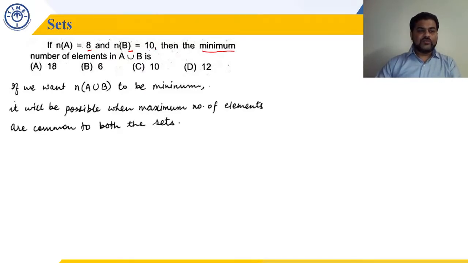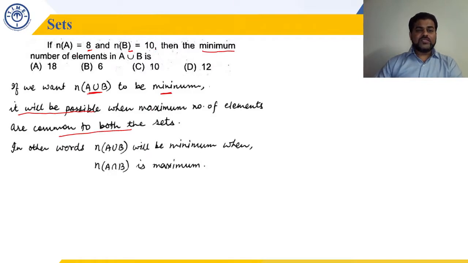This is only possible when maximum number of elements are common to both the sets. So if we have maximum number of elements which is common to both the sets, then under union of the sets we will have minimum number of elements, isn't it? So what is the maximum number of elements that can be common?